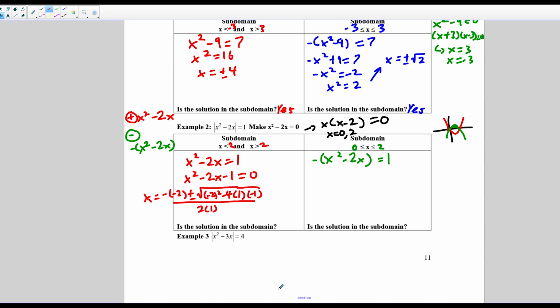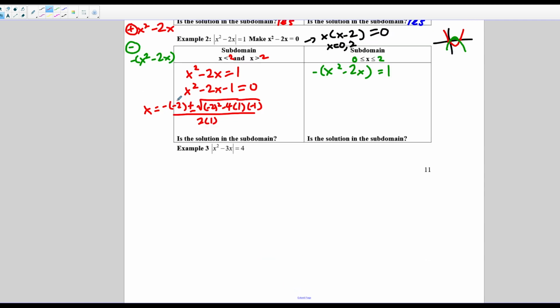So for us here, let's go ahead and scooch down a little bit. This gives us x is equal to +2 plus or minus. And then on the inside, we get 4. And that looks like we're going to have 4 plus 4 gives us 8. That's all divided by 2. We can simplify that bracket on the inside, or that radical there.